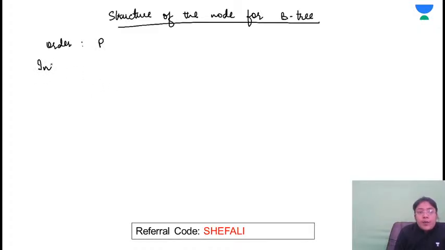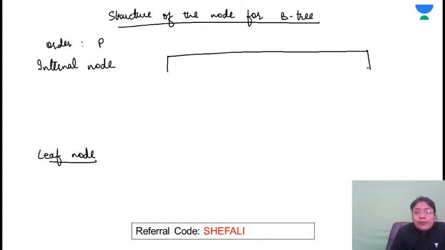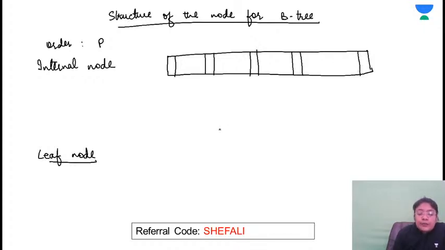First of all, let's talk about the internal node and leaf node. Order is P, this means that P block pointers will be there. Block pointer 1, block pointer 2, block pointer 3, block pointer 4, and so on. Here we have P block pointers.